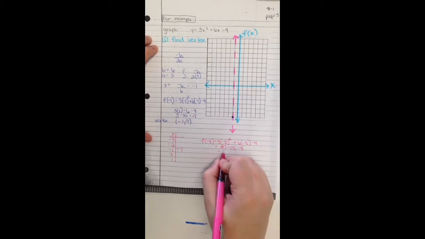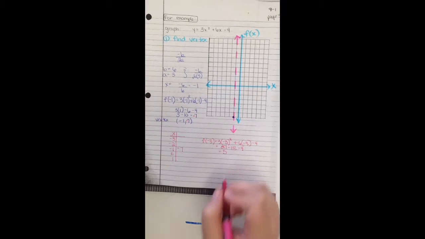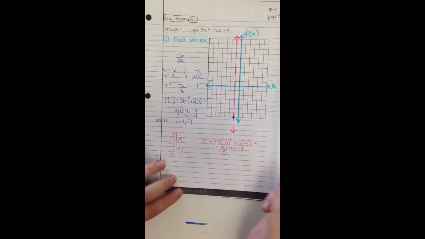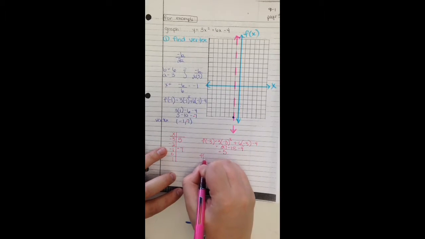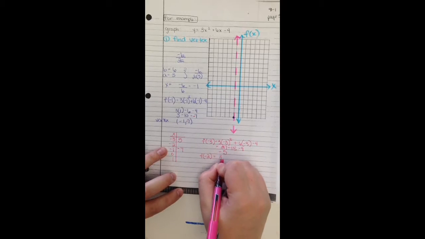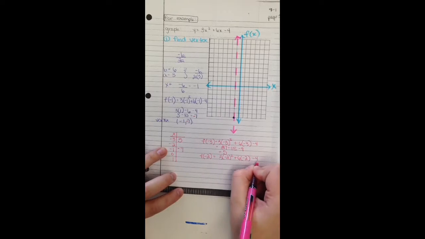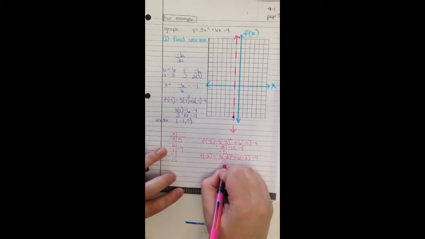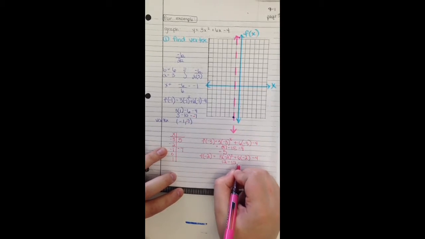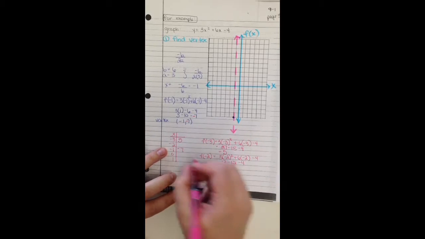So I'm left with +5. Let's double check that. 27 minus 18 minus 4 gives me +5. Then I have f of -2. 3 times -2 squared plus 6 times -2 minus 4. I get 3 times 4, which is 12, minus 12 minus 4. So I get -4.